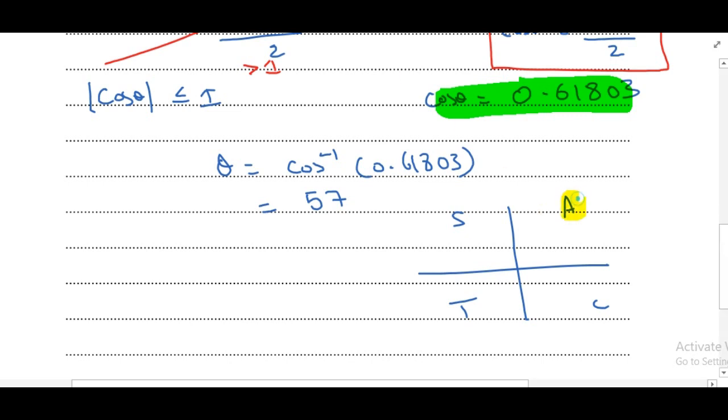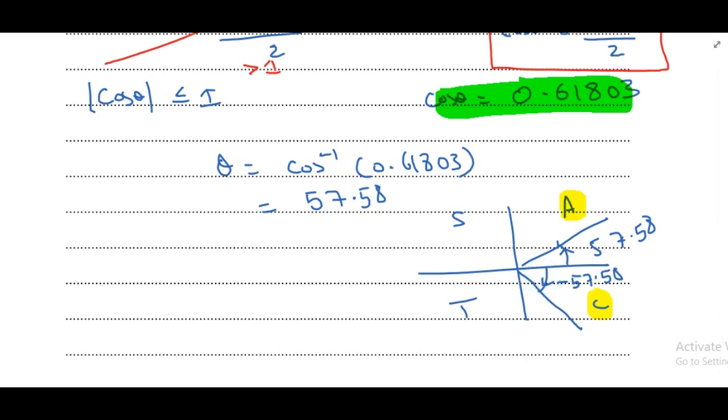So we are in the first quadrant and fourth quadrant. So one angle is this one, 57.58, going from this way. And one angle is this one, negative 57.58, going from that way.